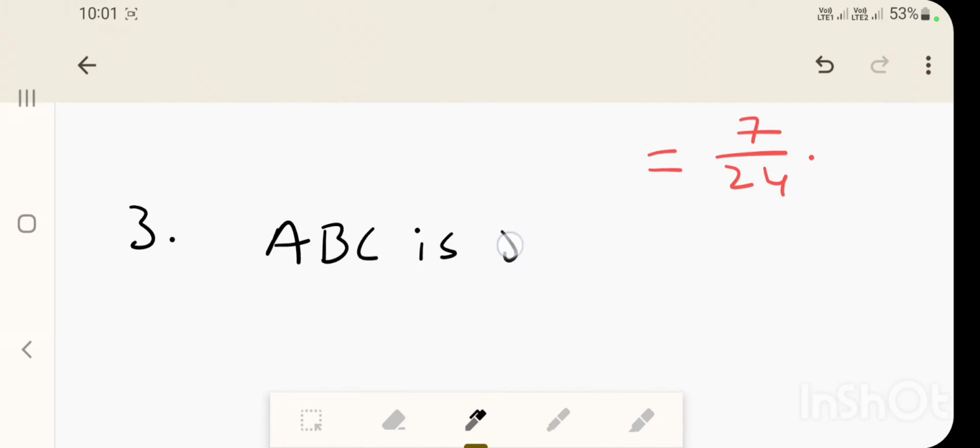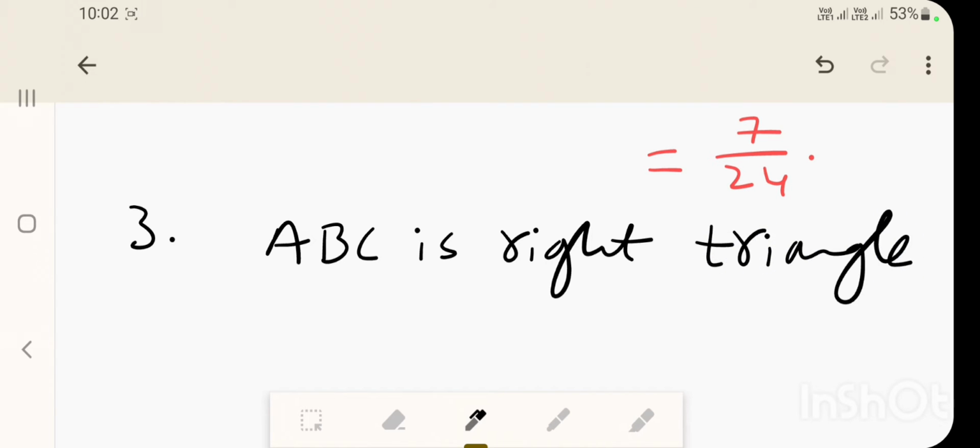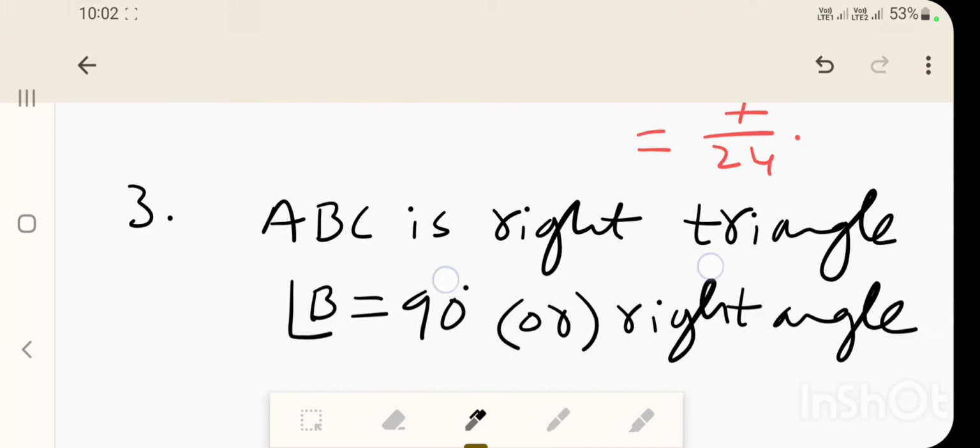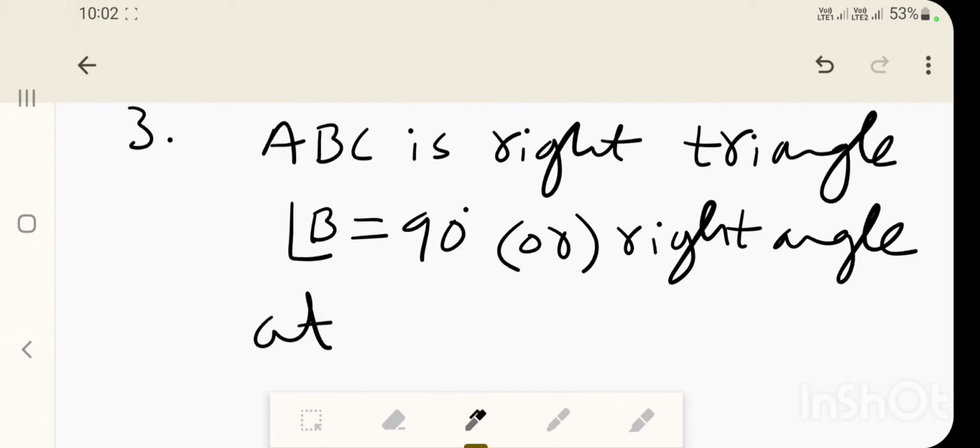ABC is a right angle triangle you can say, or a right triangle also you can say, and they'll give 90 degrees at angle B. Okay, or they can mention right angle at angle B. This also they can mention. Right angle at angle B or angle B equal to 90 degrees, both are same.